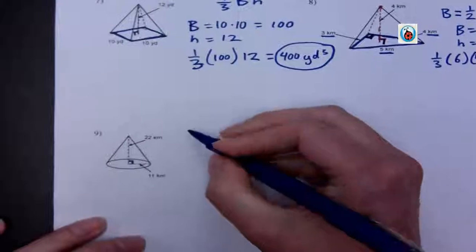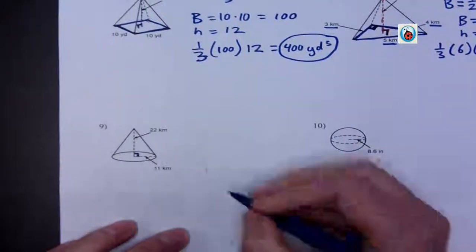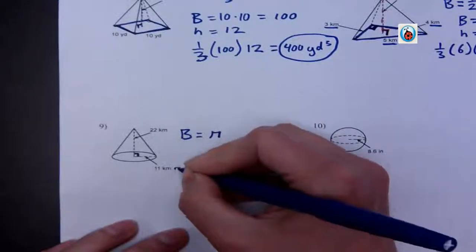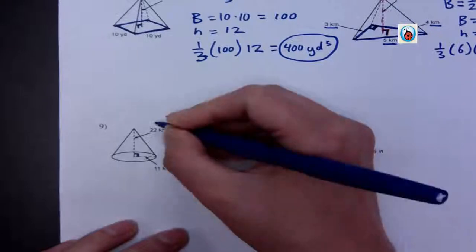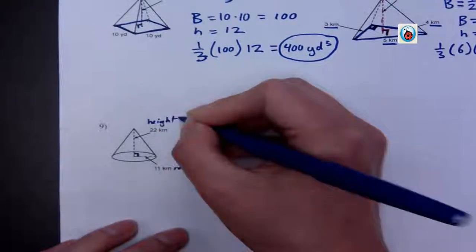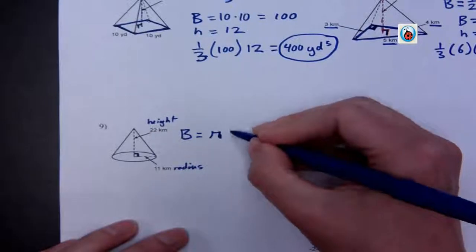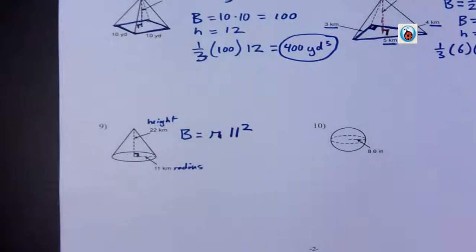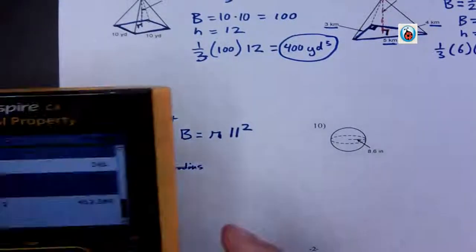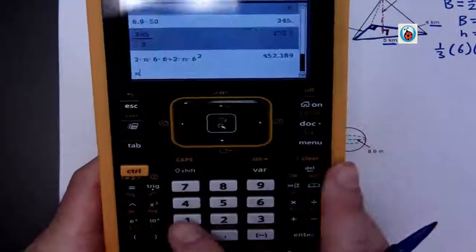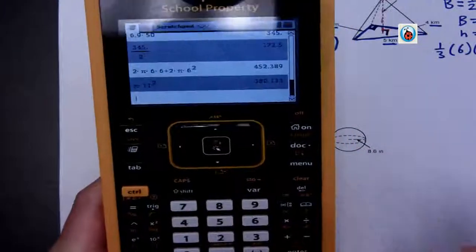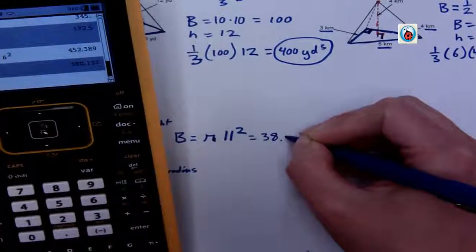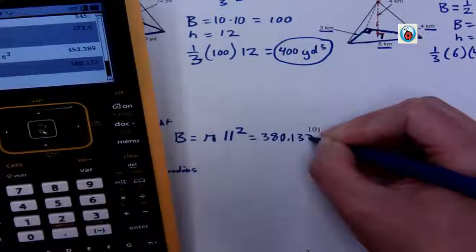Alright, so next cone, it's still just 1/3 base times height. And so the area of the base here equals pi radius squared. So this is my radius, and this is my height. So nice simple numbers here, so it's just pi 11 squared. And so I'm going to plug that into my calculator and get 380.133.